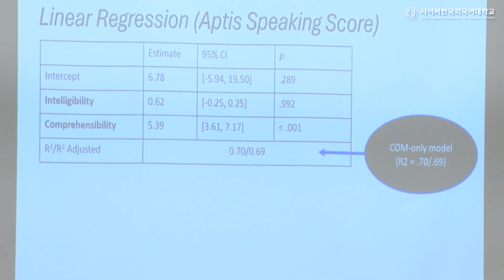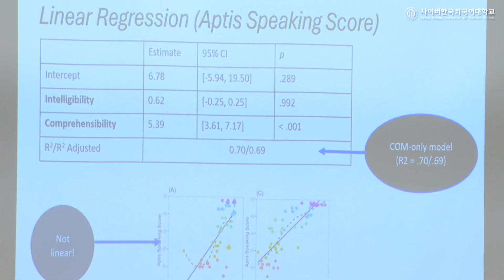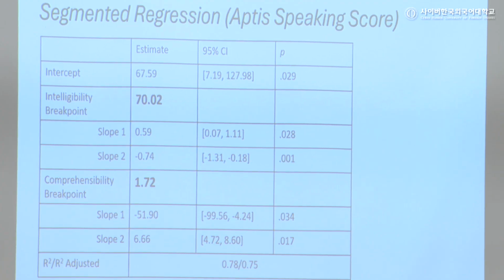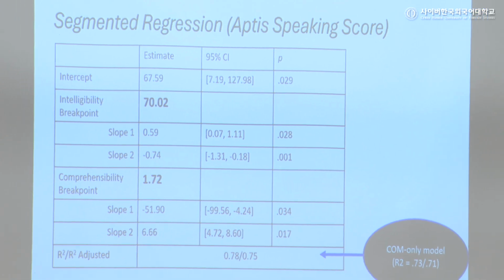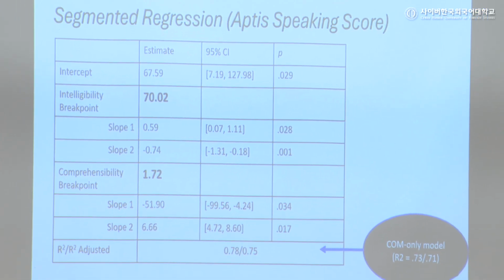What we found that is most interesting here is that when we took a nonlinear approach, we were able to explain close to 80% of the proficiency test score with these listener-based measures of intelligibility and comprehensibility, right?